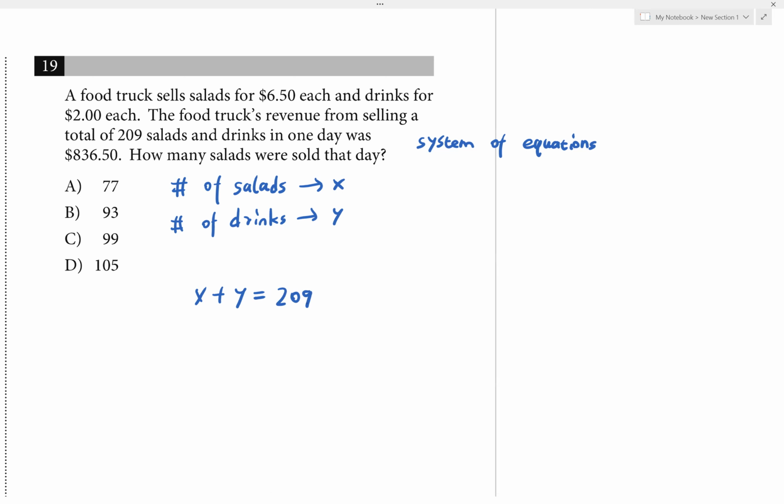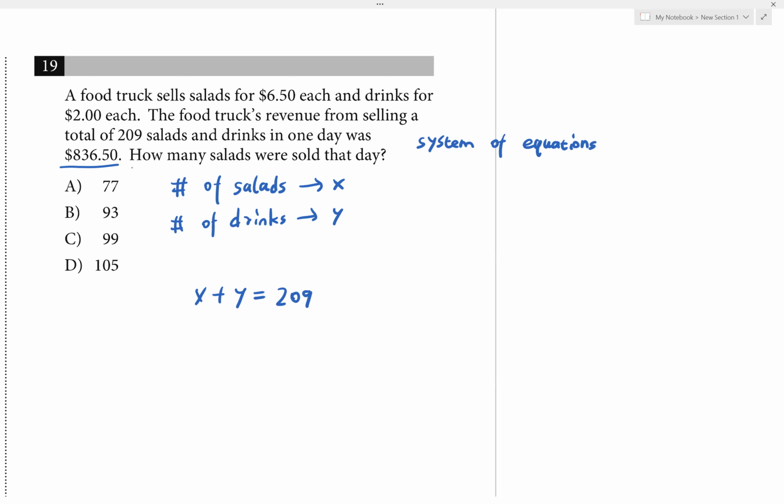But if we just have this one equation, we can't really solve for X and Y at the same time. So we do need another equation, and the second equation will be based on the total revenue, which is 836.5.